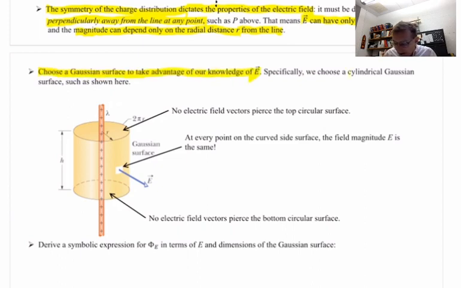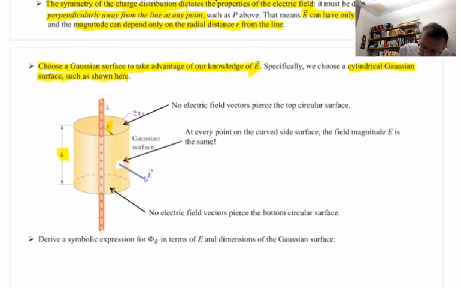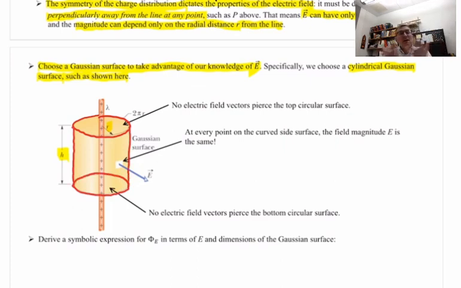We're going to choose a Gaussian surface, taking advantage of our knowledge of E. We're going to choose a cylindrical Gaussian surface of radius little r, right there, and height, some distance we'll call h. And then there we have it, right there. Do you see how it's shaded in that kind of a light orange color? I'll outline it just to make sure it's clear. The Gaussian surface that we're going to pick is shaped like a cylinder that wraps around the actual line of charge.